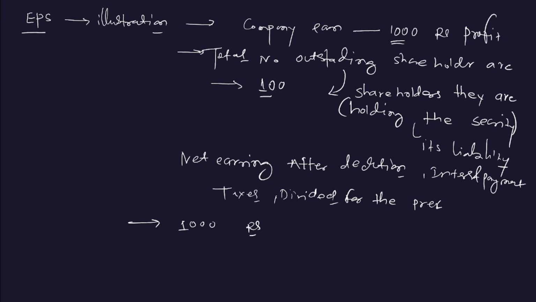But this net 1000 rupees is from 100 outstanding shares, right? Correct? Are you getting me? Because this 1000 rupees belongs to the 100 shareholders.